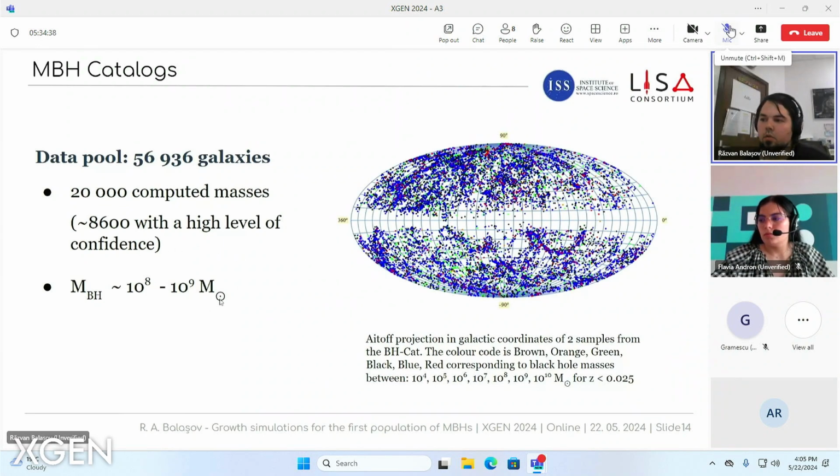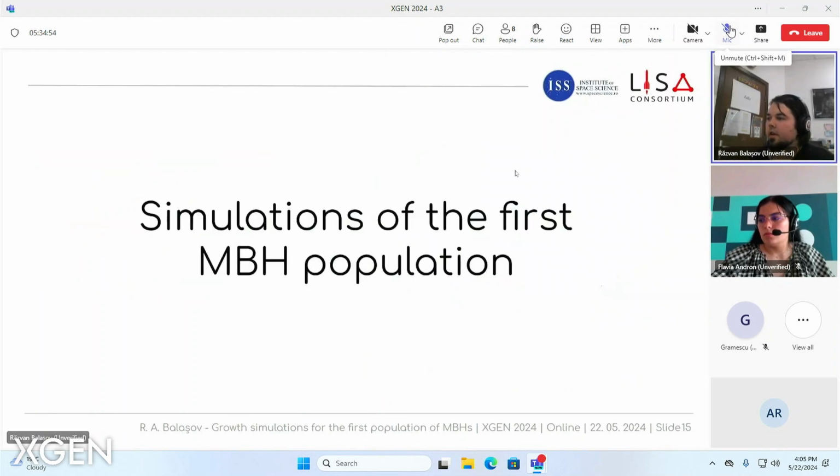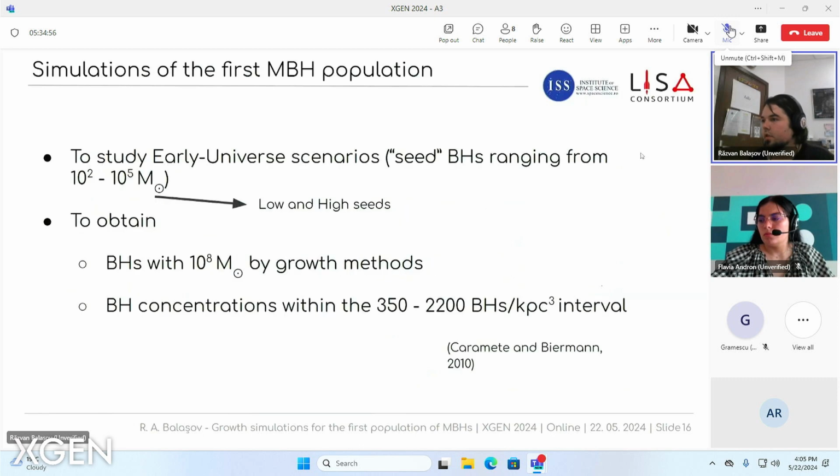I'm talking about black holes that have a mass of 10 to the 8 and 10 to the 9 solar masses, so supermassive black holes. The massive ones are between 10 to the 5 and 10 to the 7, let's say 10 to the 6. The simulations were based on this mass function, and again I had to construct this framework using a code package named Gizmo.